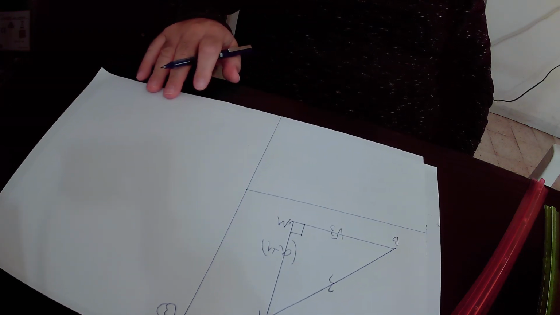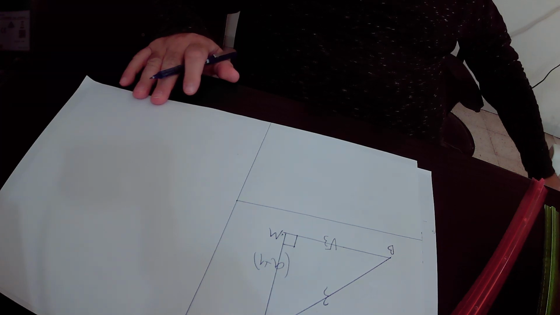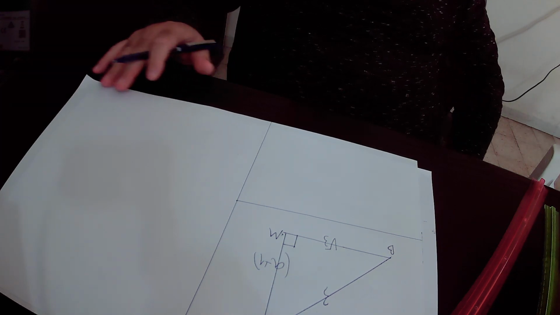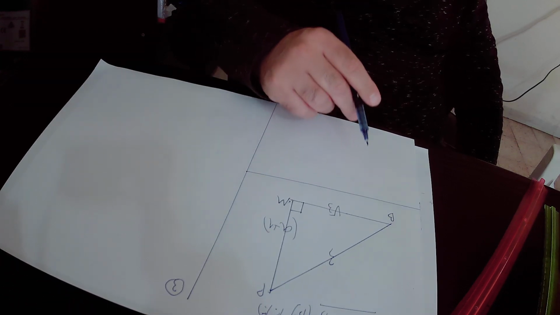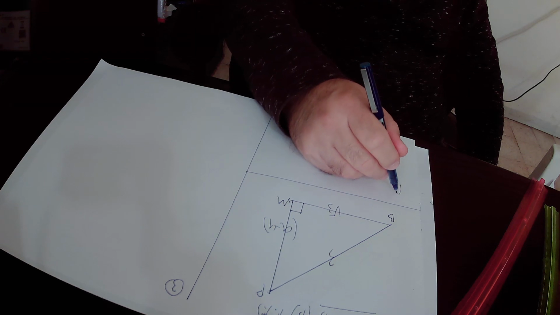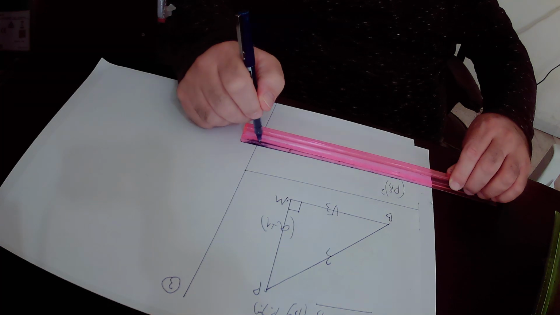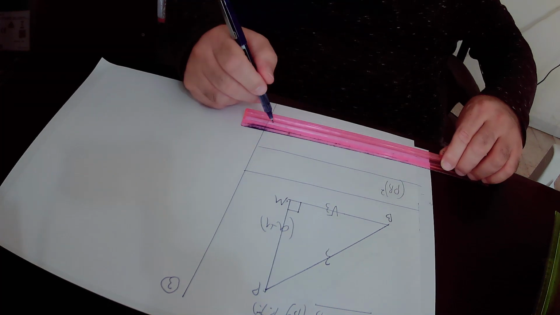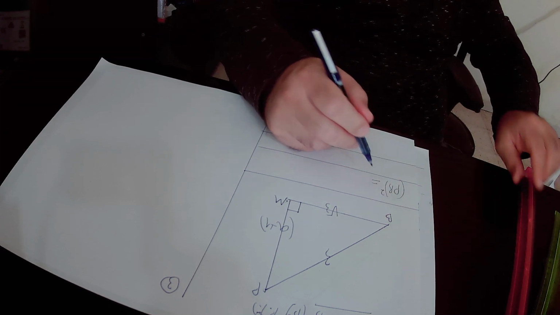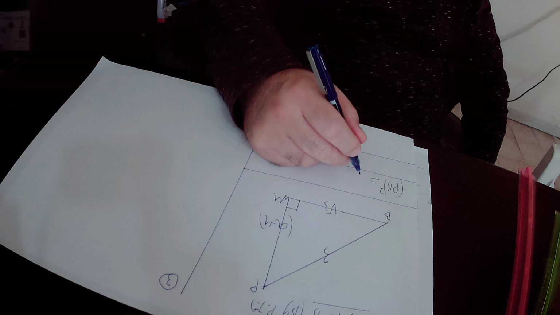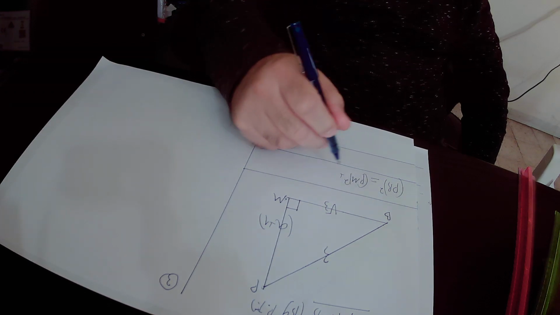According to the Pythagoras theorem, in any right triangle, the square of the hypotenuse equals the sum of the squares of the perpendiculars. The hypotenuse in this right triangle PMB is PB, therefore the square of the hypotenuse is PB squared, and it must be equal to the sum of the squares of the perpendiculars, that is to say, PM squared plus BM squared.